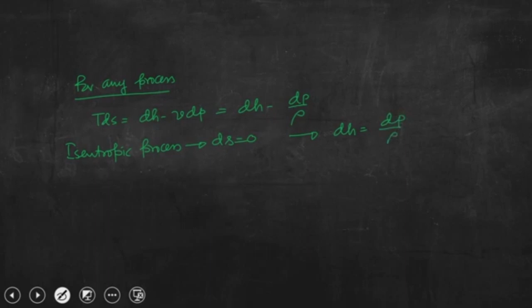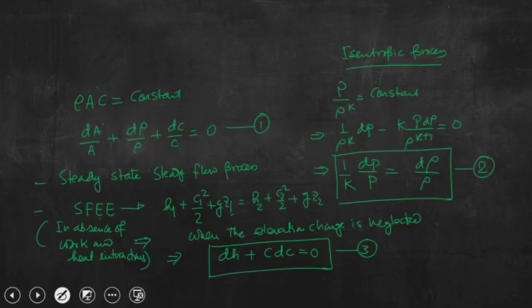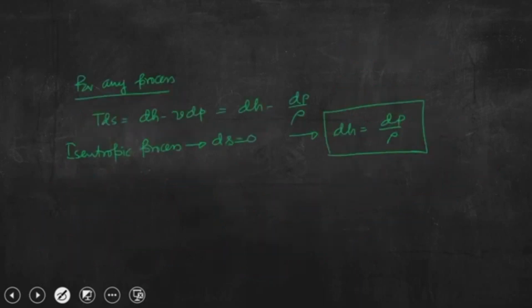If we place this expression dH is equal to dP by rho in equation 3, then what we are getting is dP by rho plus CdC equal to 0.